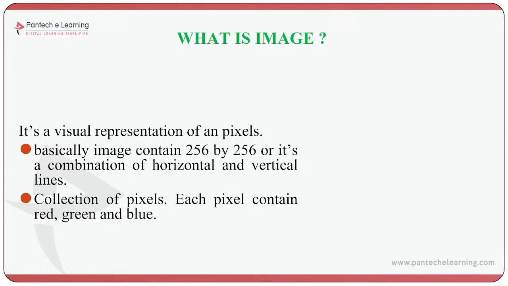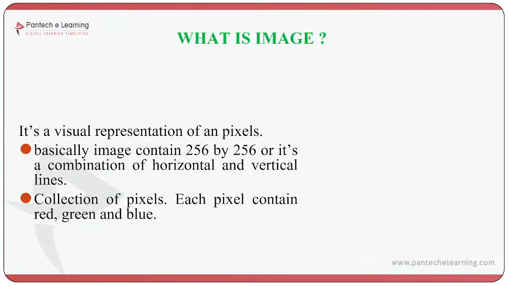So somebody asks what a pixel is. A pixel is nothing but, if you take a picture in your phone and zoom in, you can see small square shapes. You can identify those as pixels. Multiple pixels are formed with the combination of rows and columns.